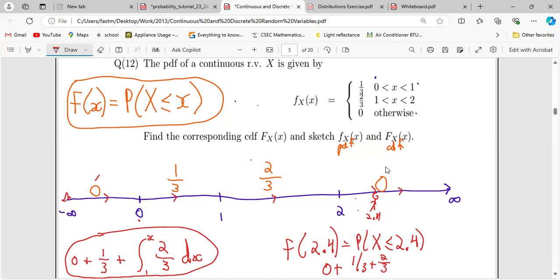And now between 2 and 2.4, any region where they said the probability is 0, it would be plus 0, because if I integrate 0 between 2 and 2.4, you're just going to get back 0. So it would be 0 added. And when you add all, I get 1, which makes sense. Yeah, so this here, I love it.